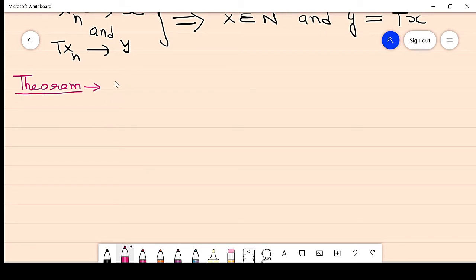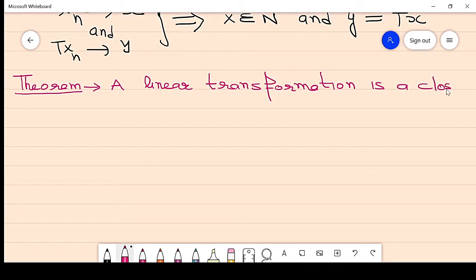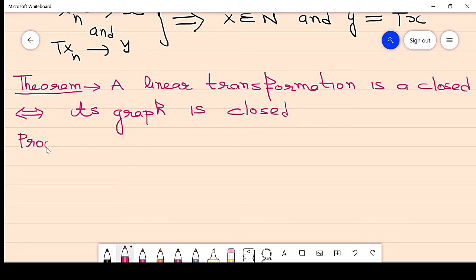A linear transformation is closed if and only if its graph is closed.